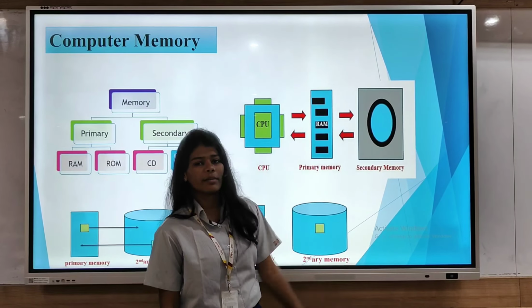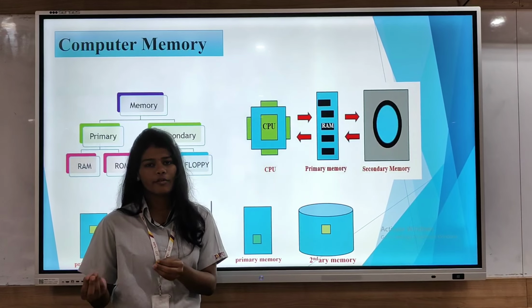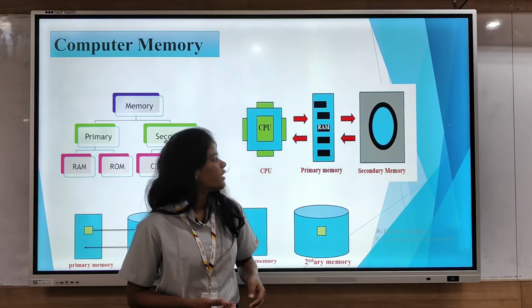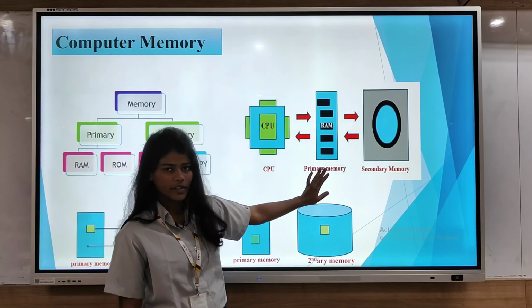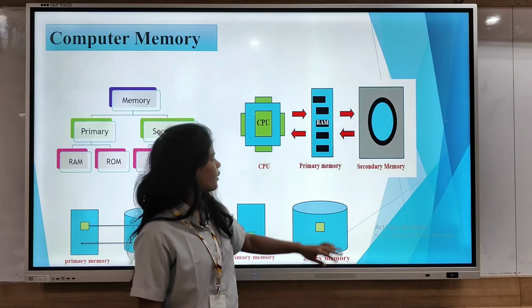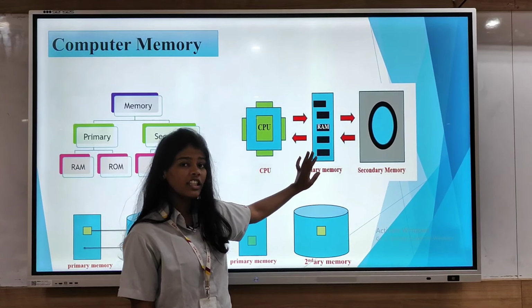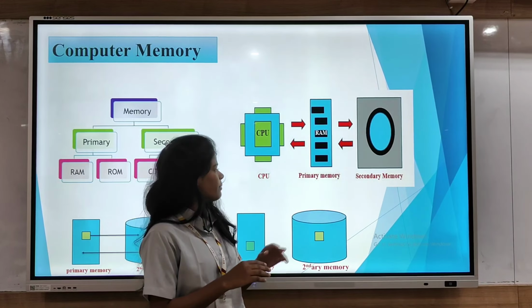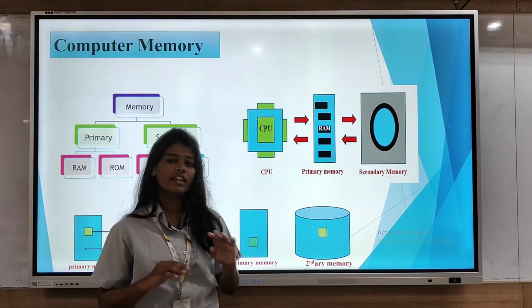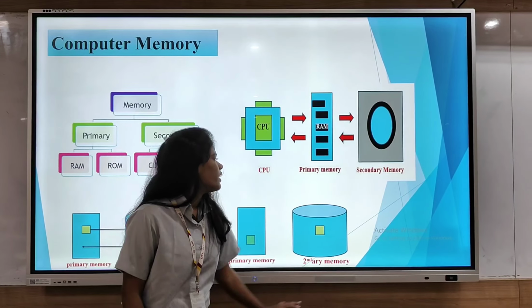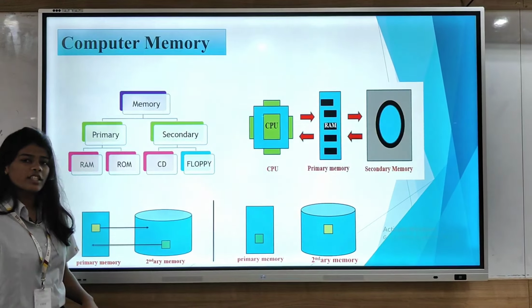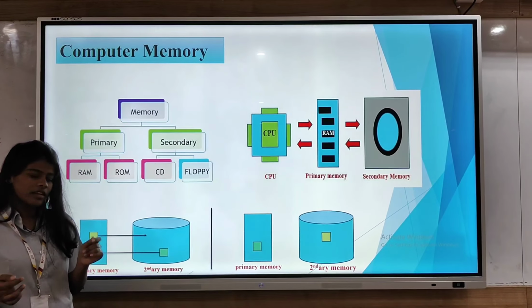Let's take an example. If you want to execute a process P, then instead of calling the whole process, we will call the pages of that process in the primary memory, so that the primary memory will be utilized very efficiently. But the problem is the storage of the primary memory is very less.